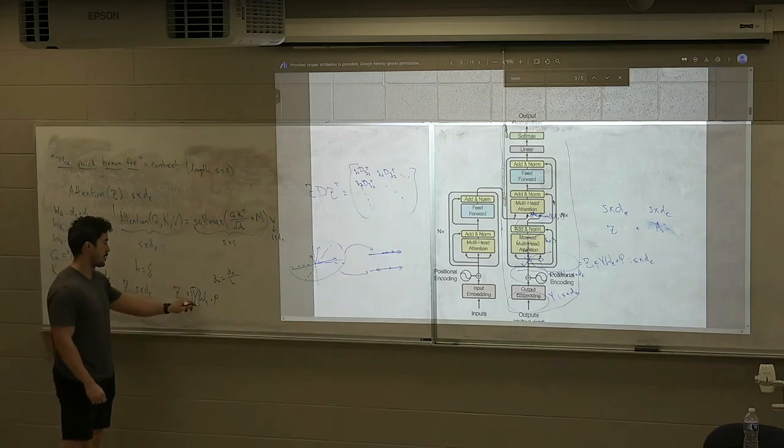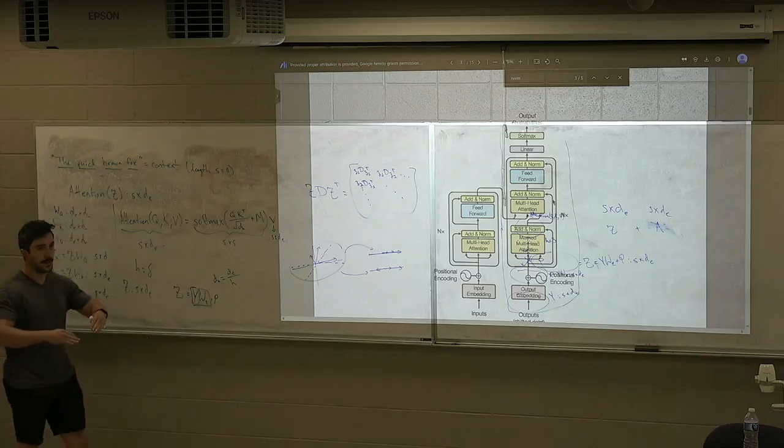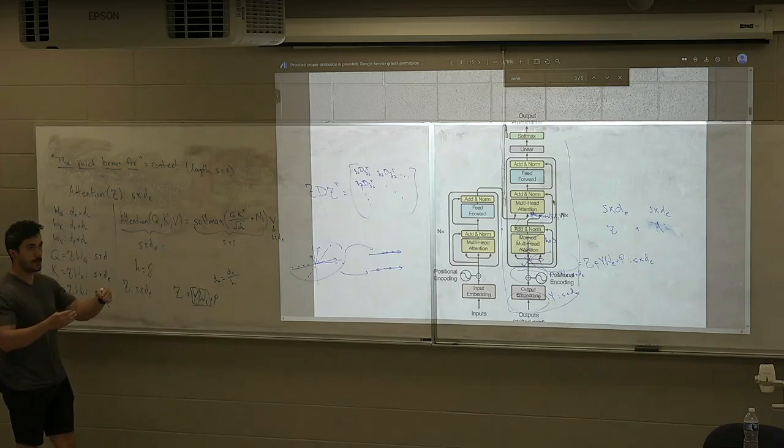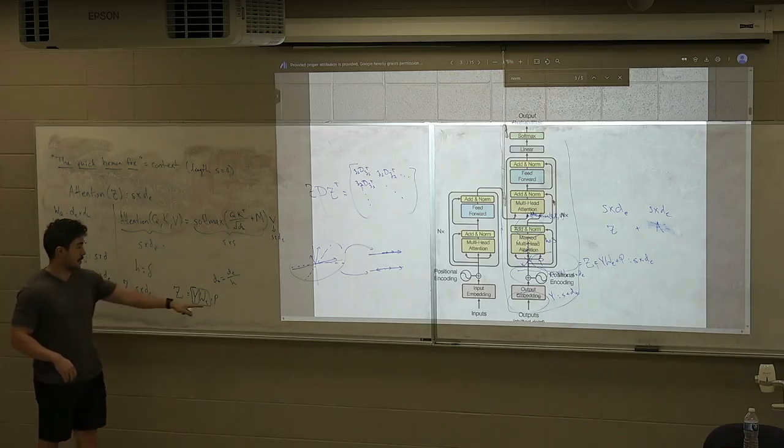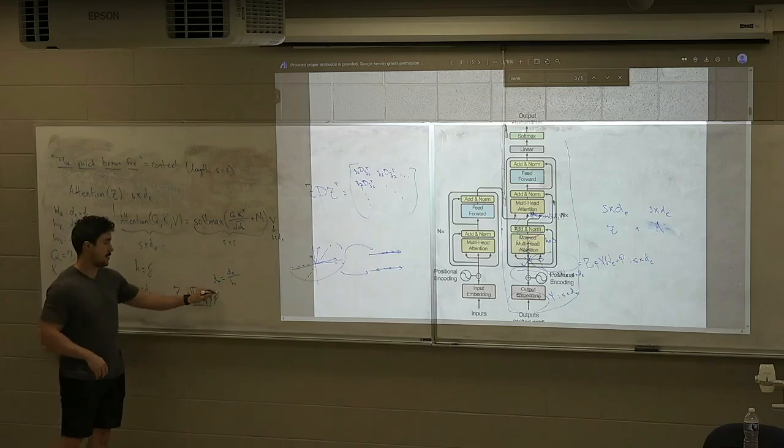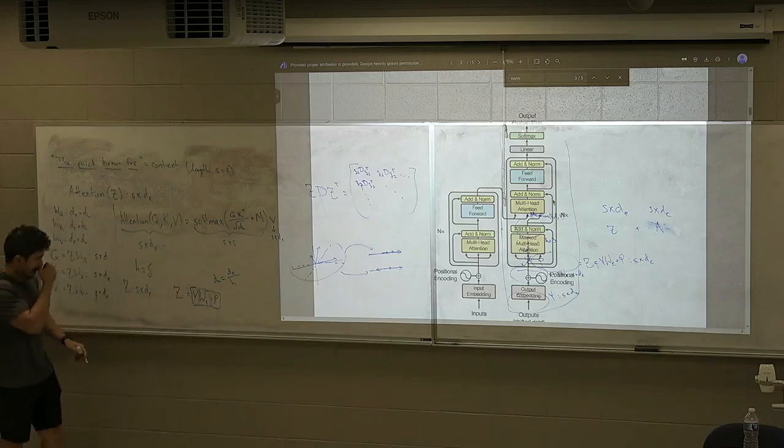This whole thing is only deleting the first row and adding one more row every time you generate a new token. And so you've already computed everything in it. You're just adding an extra row.